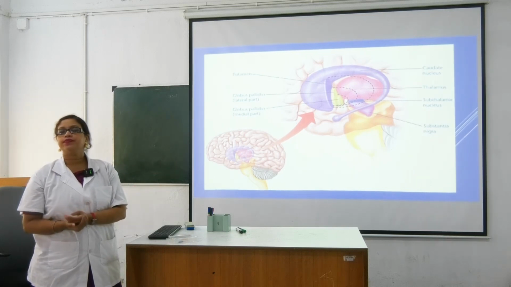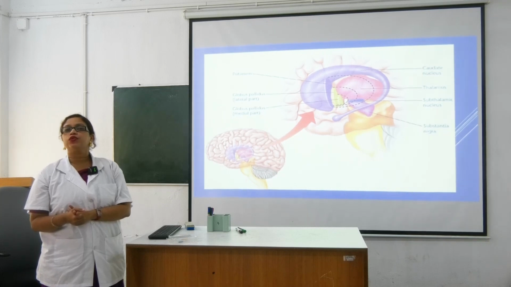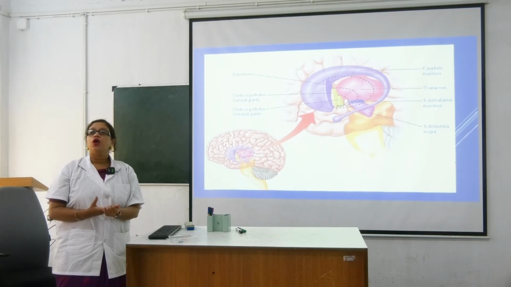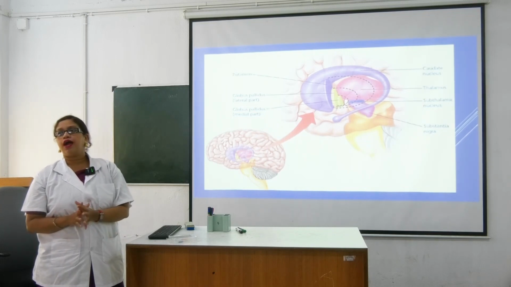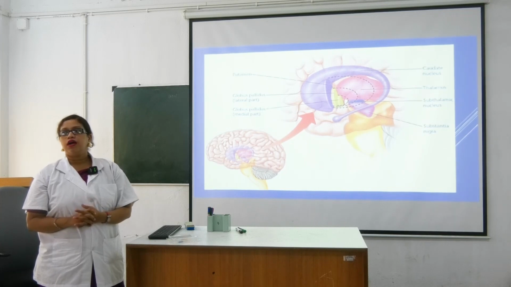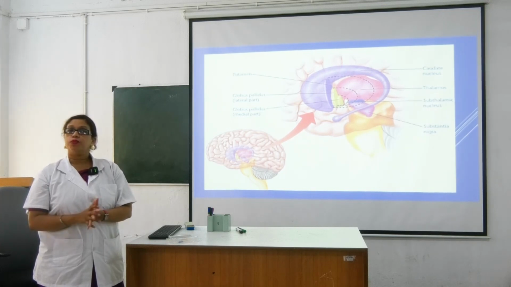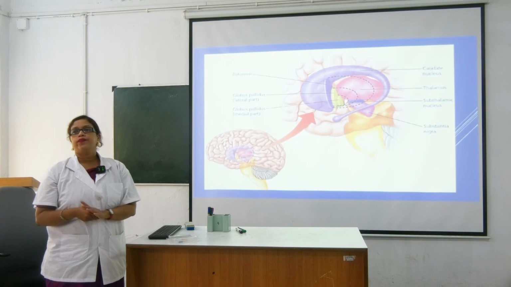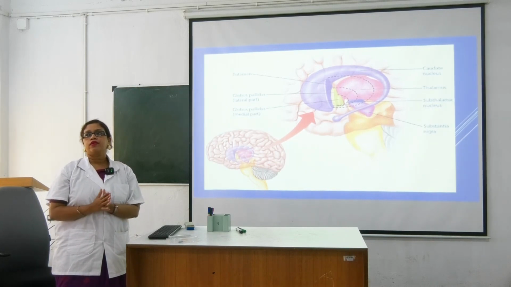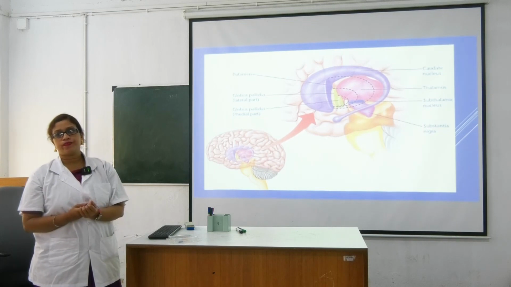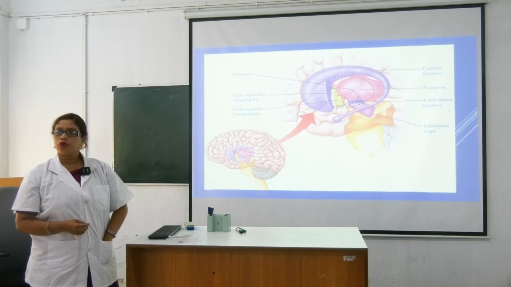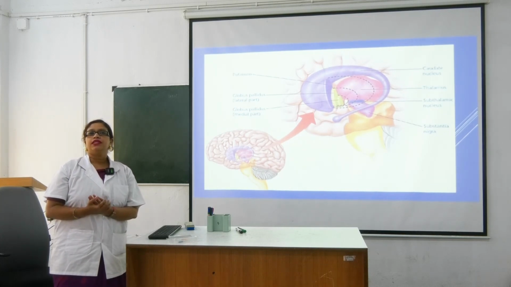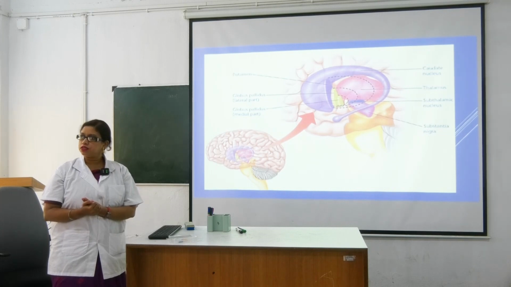Then the second one is athetosis. Then Huntington's chorea. Each of these is important for clinical anatomy. Okay, Huntington's chorea, hemiballismus, and the last one is fasciculus. This thing you already know, right? What is muscle fasciculus?